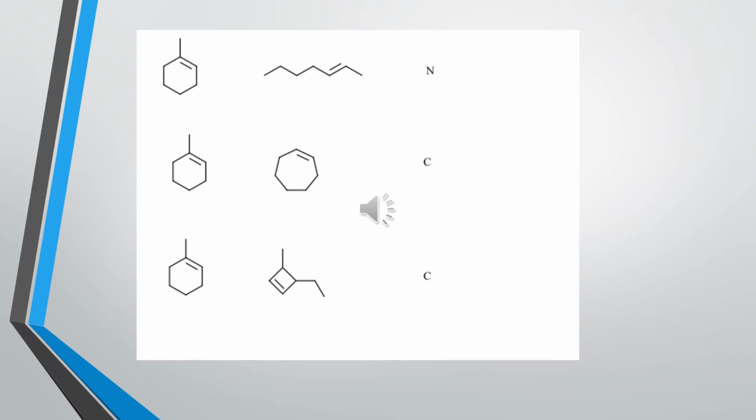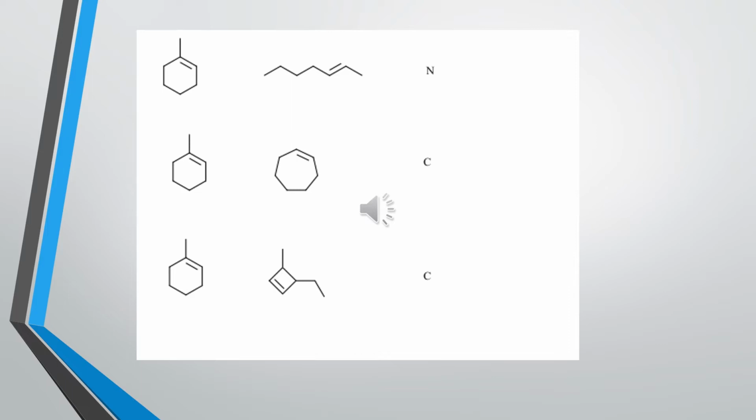The molecular formula of the molecule on the left would be C7H12, right? C7H12. The molecular formula of the molecule on the right is C7H14. No isomeric relationship.